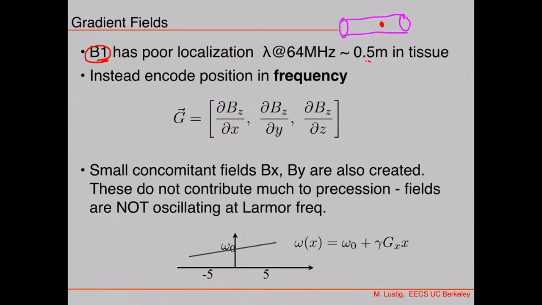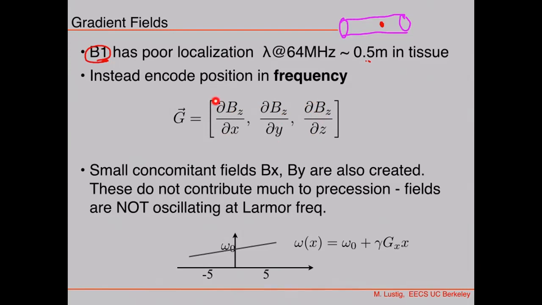The Y gradient changes the Bz field with respect to Y. And then the Z gradient changes the Bz field with respect to Z. So it's always a field pointing in the Z direction, but it changes spatially in its intensity versus X, Y, or Z.